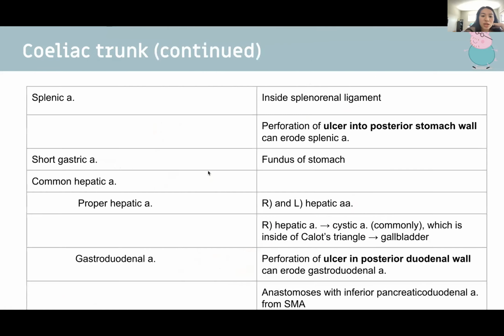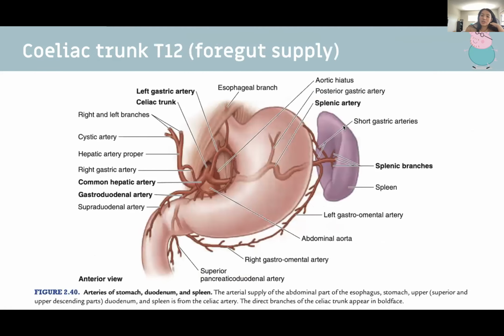Okay, I'll go into more depth. So the splenic artery is inside the splenorenal ligament. If you have PUD, peptic ulcer disease, and you've got an ulcer at the back of your stomach in the posterior wall, that ulcer can erode the wall. Okay, so it can eat through the wall. And then guess what's there?